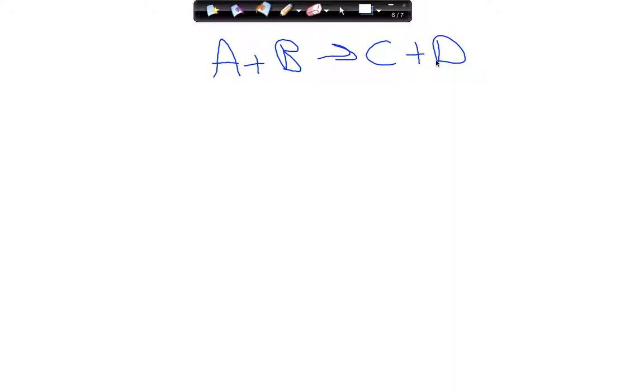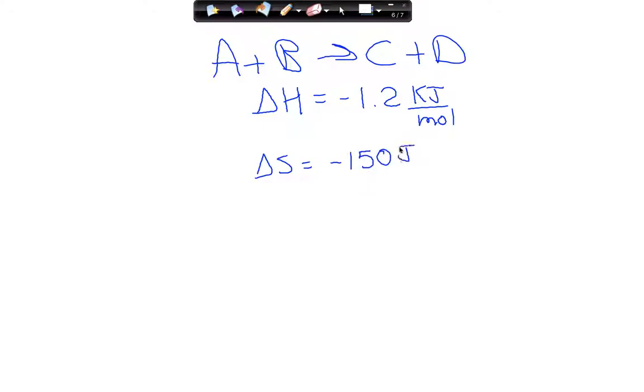Okay, so delta H for this reaction is negative, oh, you're going to make that mistake too, negative 1.2 kilojoules per mole. And then delta S for this is negative 150 joules per mole Kelvin.